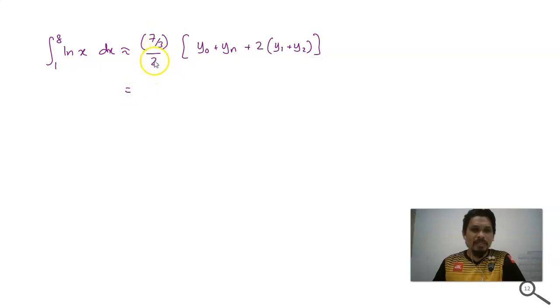So let's simplify this. Bring this above here, and 7 over 3 multiplied with 1 over 2, so it becomes 7 over 6.